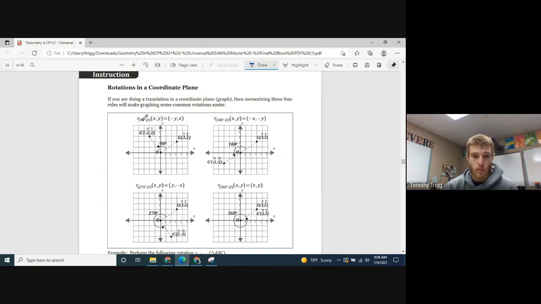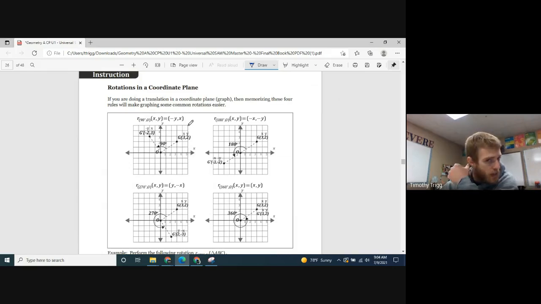So 90 times 1, 90 times 2 is 180, 90 times 3 is 270, and 90 times 4 is 360. So they're all kind of rotations of 90 more, let's say. And notice for rotations, it's not a capital R, it's a lowercase r, right? So if you see capital R, that's for reflections, like we just covered. But if you see a lowercase r like this, that's for rotations. Okay?